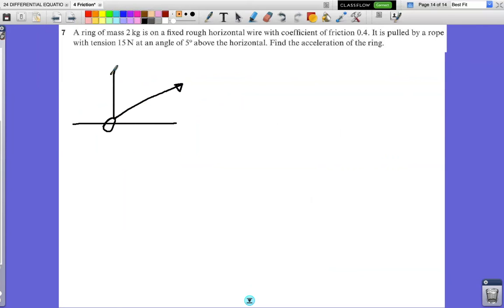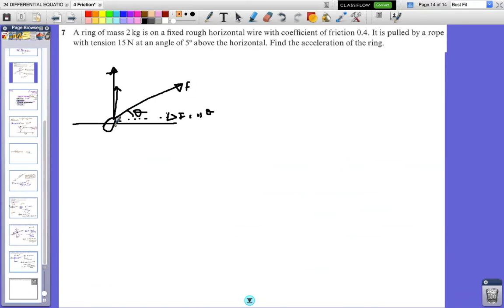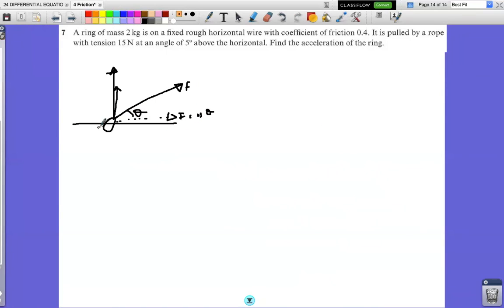We have to see that the normal contact force plus the component of this force upwards should be equal to the weight. And then the force that is going to try to drive the ring along will be F cos theta, where theta is this angle. And so the analysis should be the same. You resolve vertically, and then you resolve horizontally to find the frictional force. Okay?